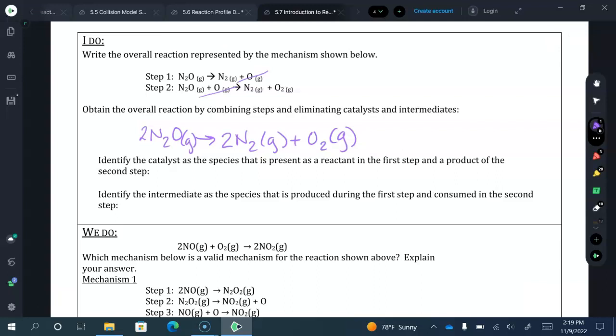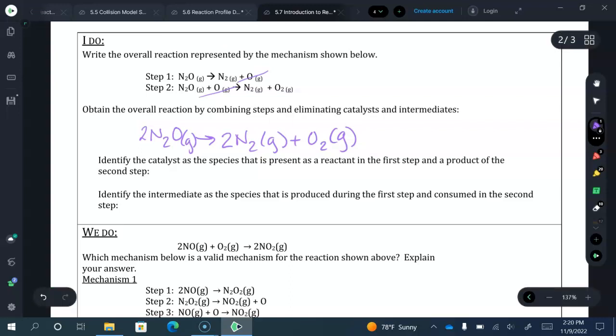So this is similar to how you would combine redox reactions, where you have the two half reactions and you combine them and you cancel things that are on both sides, or when we looked at net ionic equations and we canceled out spectator ions. So they have to be the exact same on both sides of the reaction. Now identify the catalyst as a species present as a reactant in the first step and product in the second step.